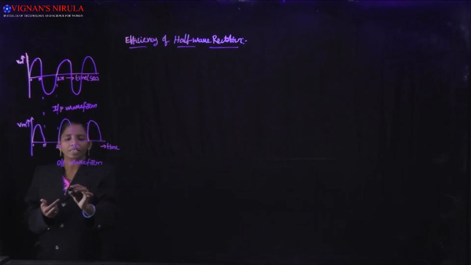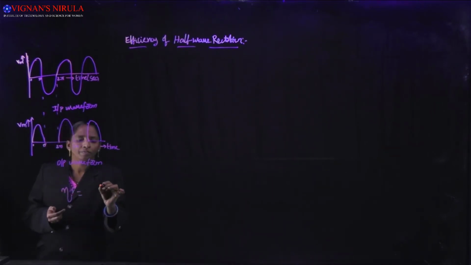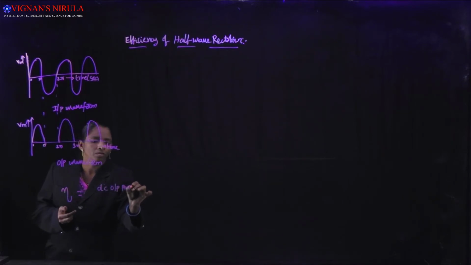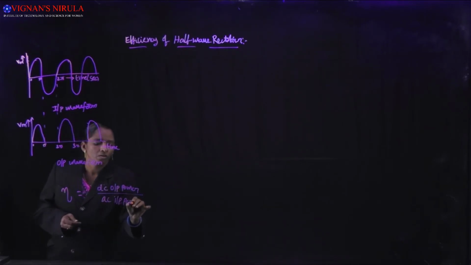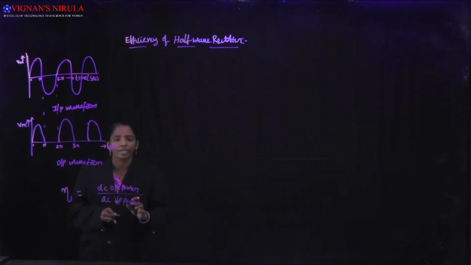So efficiency is the ratio of DC output power to AC input power.